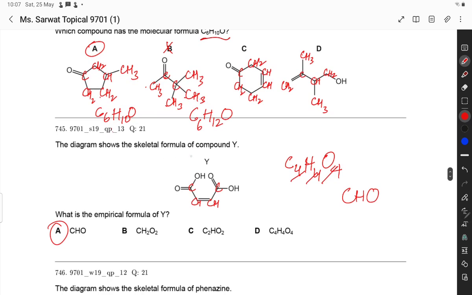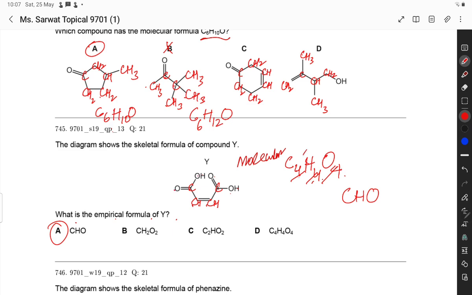The diagram shows the skeletal formula of compound Y. What is the empirical formula of Y? First, this is the molecular formula of Y. Similarly, by counting the number of carbon atoms, hydrogen and oxygen atoms: this is 1, 2, 3, 4, so C4, H4, and oxygen 1, 2, 3 and 4.